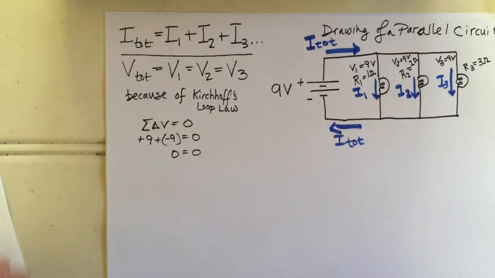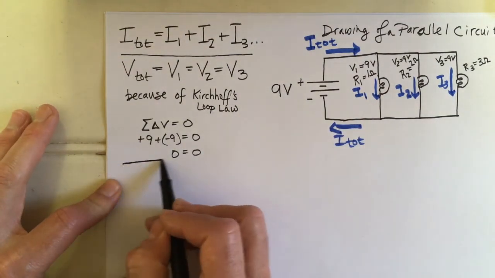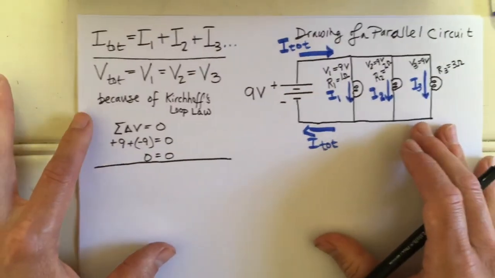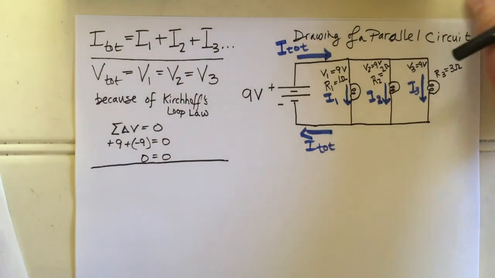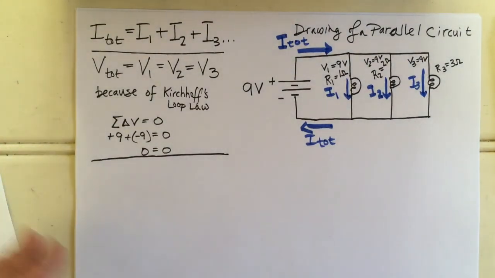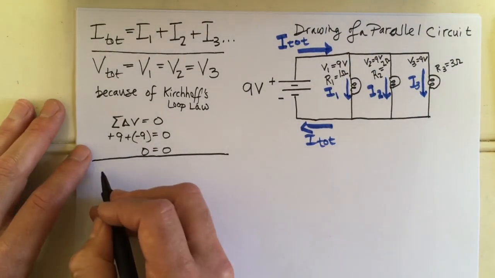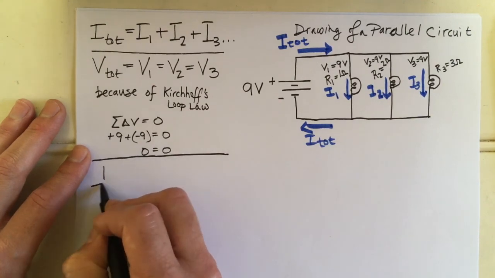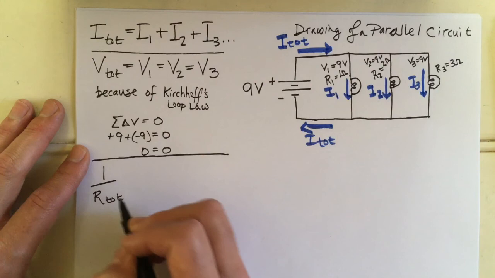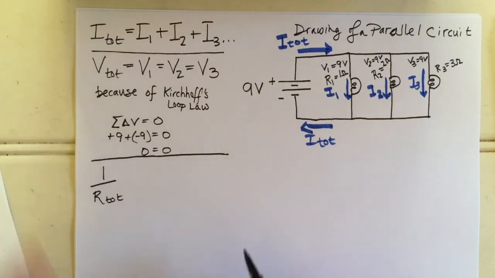All right, the last one, resistance. When you think of a parallel circuit, this is the formula that you're given, and it's kind of a crazy formula because this is one of the only formulas where the thing you might want, which is the total resistance, doesn't start on top.